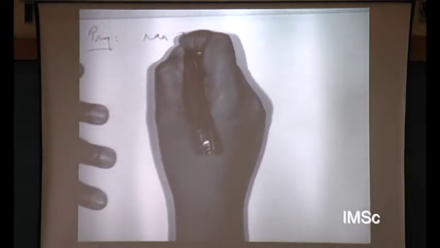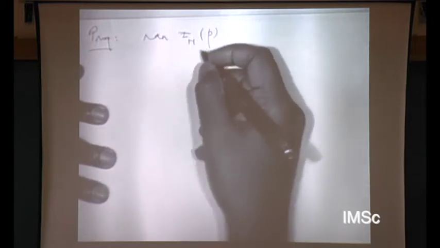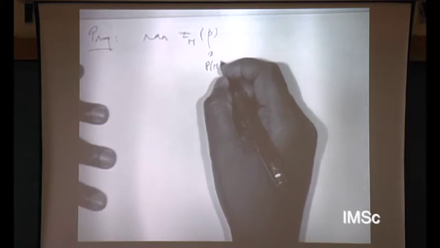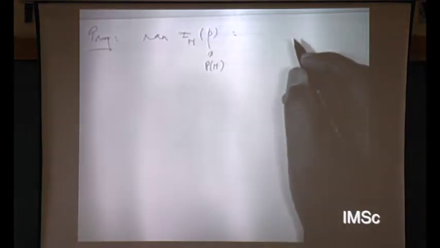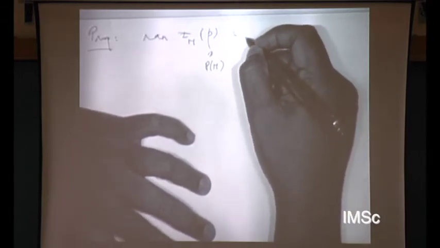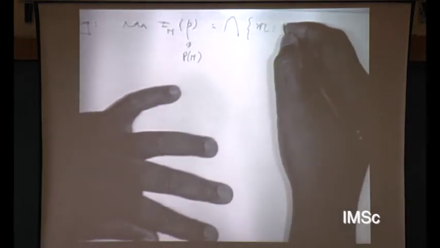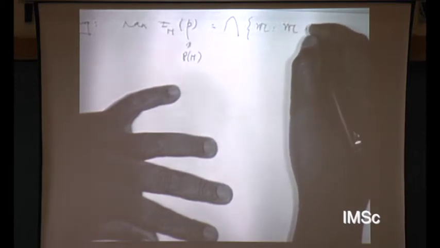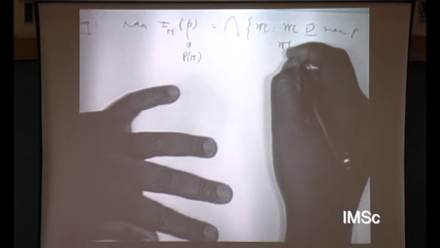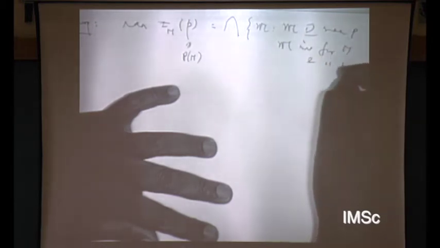I want to say that the range of the central support of a projection P in M is, by definition, the intersection of all subspaces M such that M contains the range of P and M is invariant for M and for M prime.